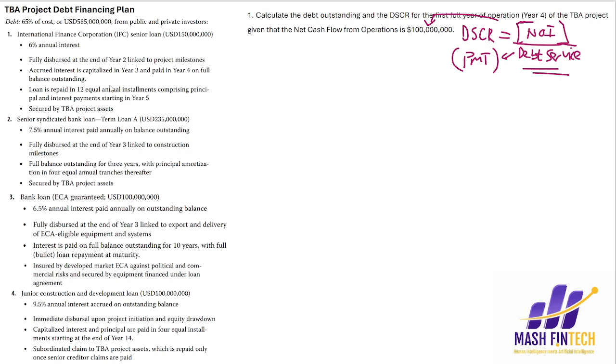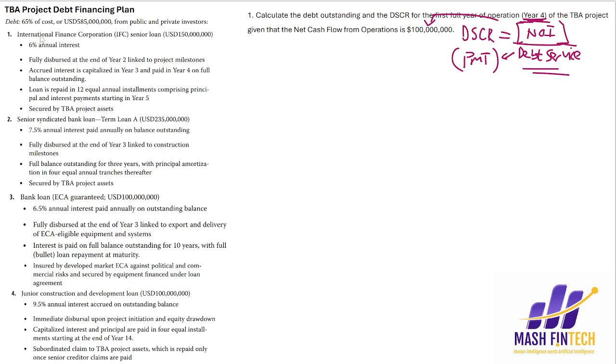In this instance, we have a very complicated debt structure, and we need to see how much we have to pay in year 4 for each, whether it's the senior debt, the junior debt, the bank loan. We have to determine the debt service, how much we are going to be paying in the first year of operations, which is year 4.